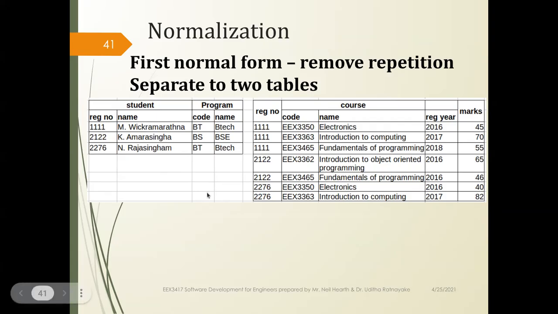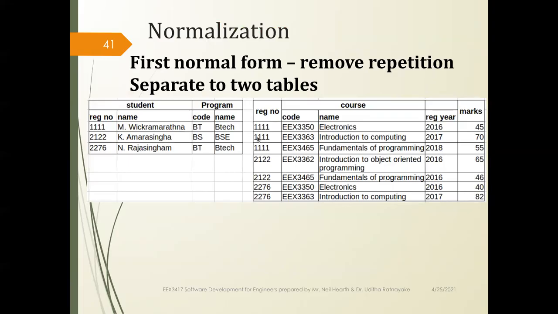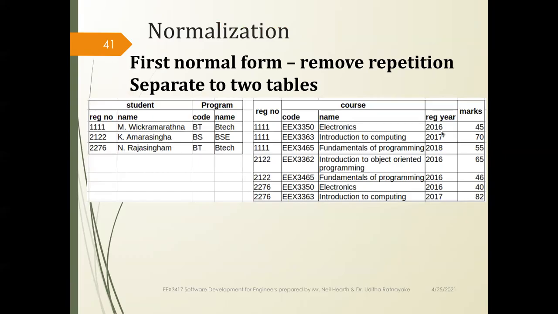Okay. Now, second normal form: if it is in first normal form and all of its attributes depend on the whole primary key. Here, registration is not dependent on this course code.